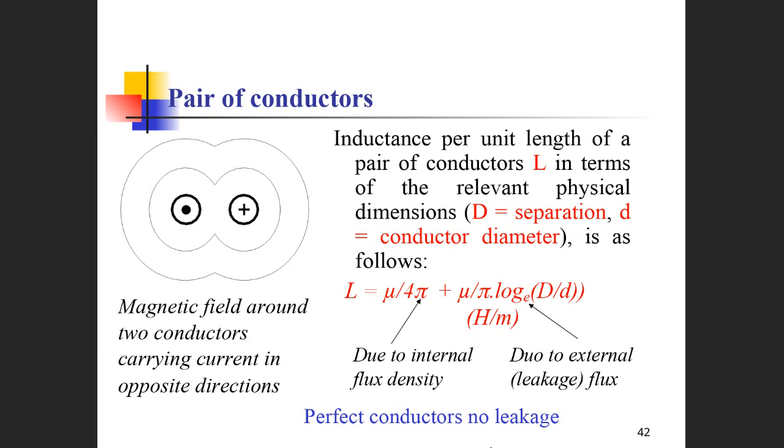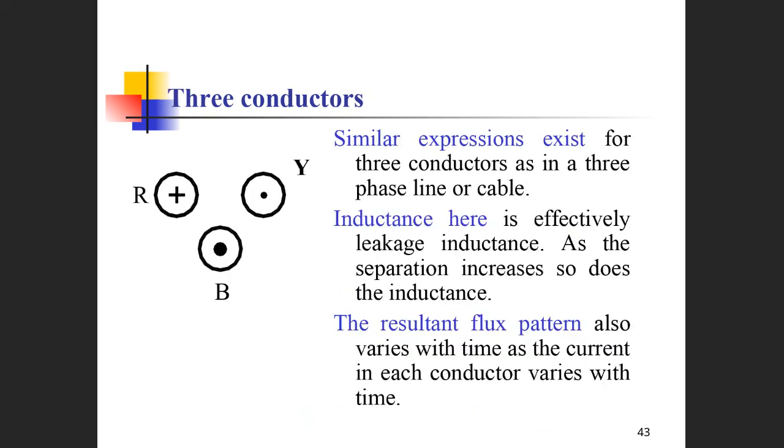With 3 conductors, the currents are not exactly opposite, they have a phase difference, so different from the DC case, which will be learned in chapter 2, chapter 3, and chapter 4.